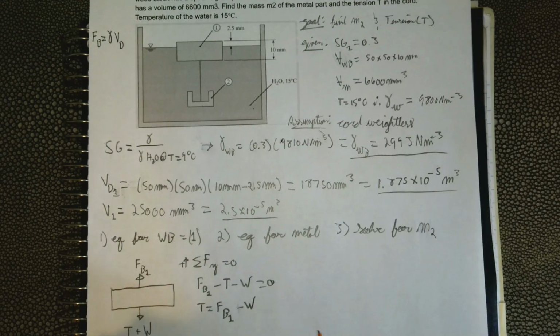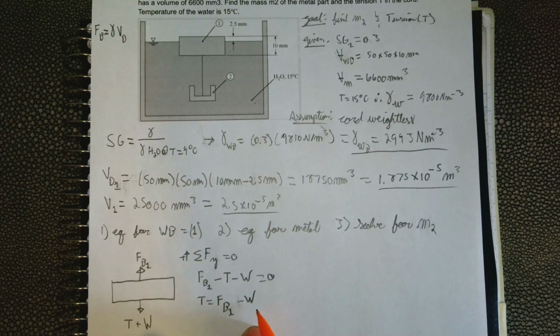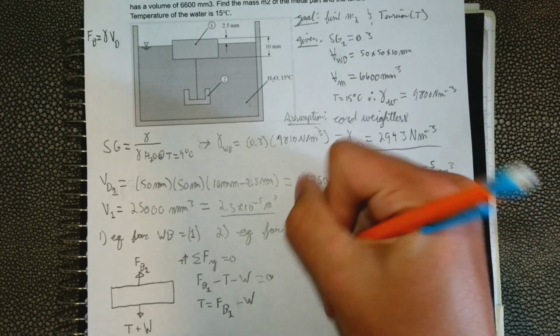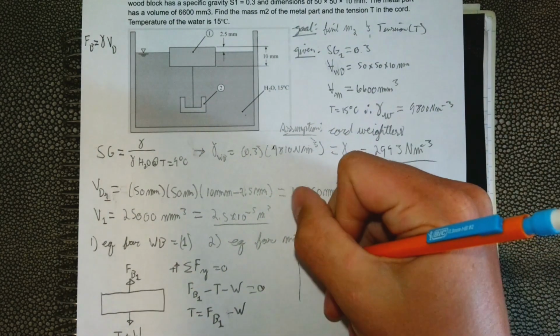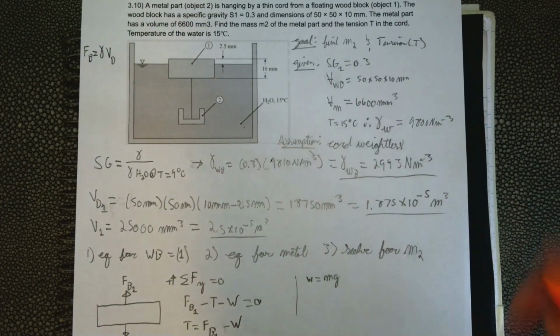So let's do a little side note. We need to solve for tension. We have to know what the buoyancy force is, and what the weight is. So on the side here, we know that weight equals mass times gravity.